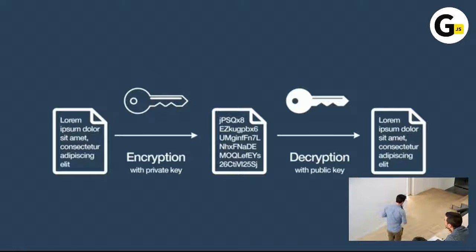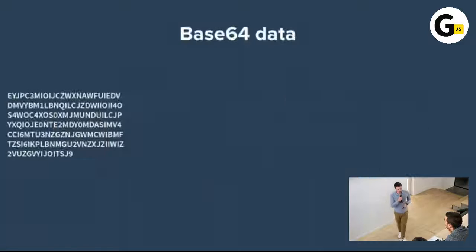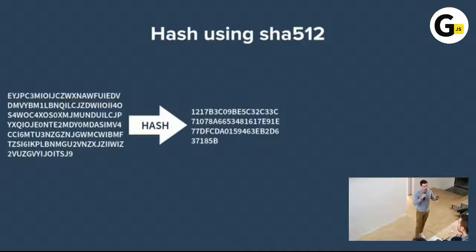So how do we use this for our digital ID card? We take our base64 encoded data and we hash it with, for example, SHA-512, because we want to reduce the amount of data that is eventually going to be in our signature.